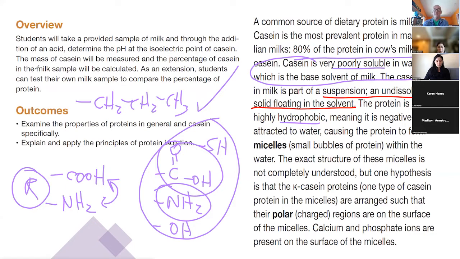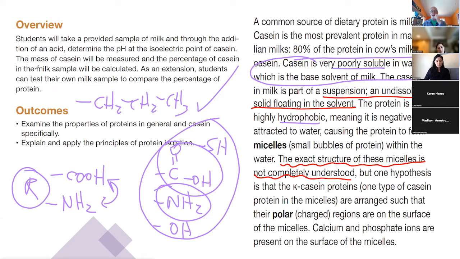The interesting thing is that the exact structure of these bubbles, called micelles, isn't really understood all that well. You remember we talked about micelles when we talked about making soap. The micelle has an interior of hydrophobic interactions and an exterior of hydrophilic interactions.